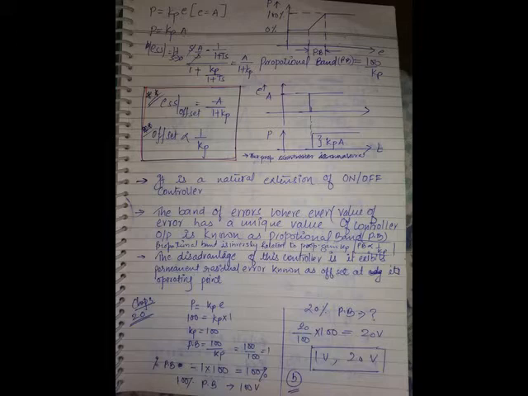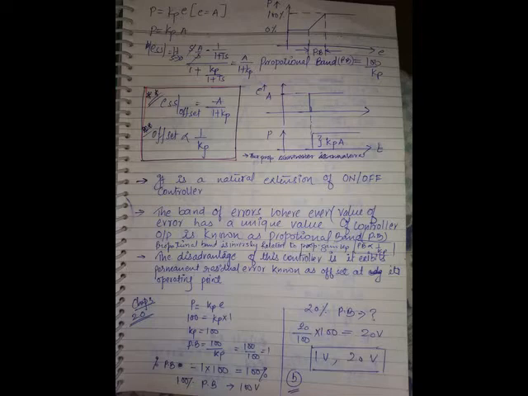We can also write the transfer function of integral controller in terms of this reset time as 1 by Ti S, with E of S as input and P of S as output. So either this or this is a transfer function representation of an integral controller. Now let us see how this is going to work in this plant.